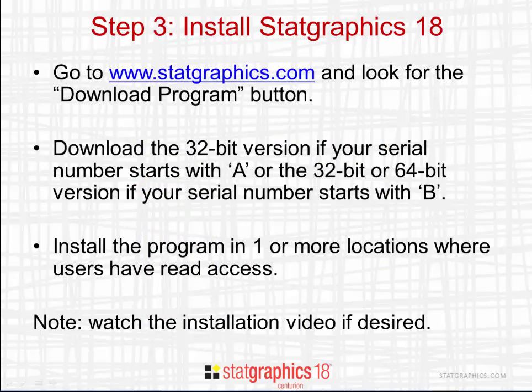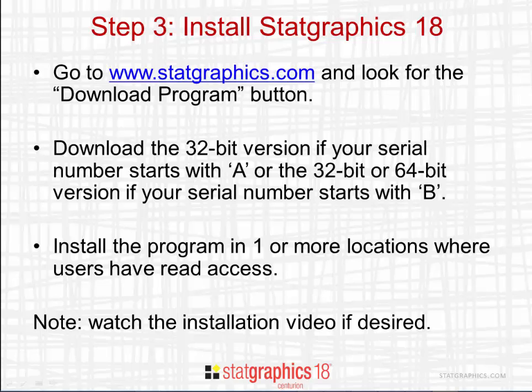Once the license files have been created, you should go to www.statgraphics.com and look for the Download Program button. If your serial number starts with an A, download the 32-bit version of Statgraphics 18. If your serial number starts with a B, you may download either the 32-bit or the 64-bit version.